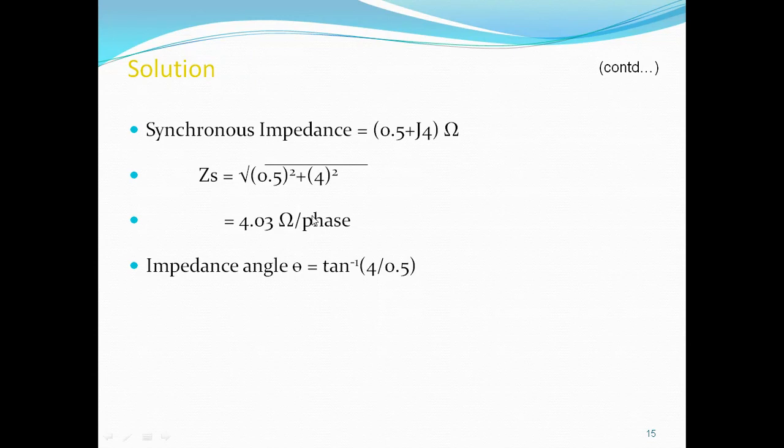So impedance angle theta is equal to tan inverse of Xs by Ra, that is 4 by 0.5, which gives an angle of 82.87 degrees. And given friction and windage losses are 500 watts.